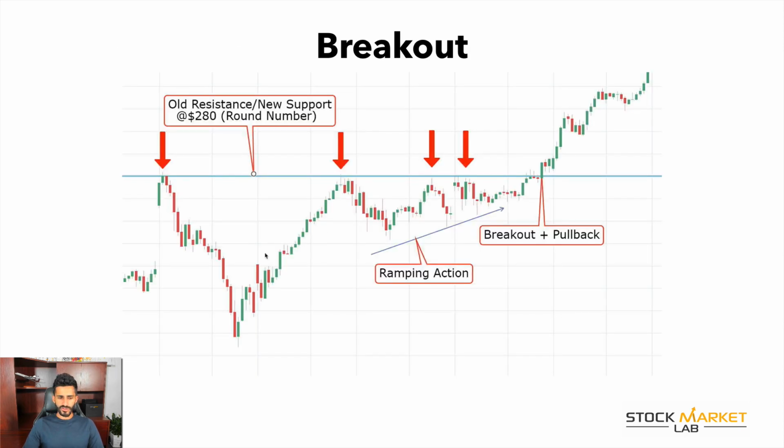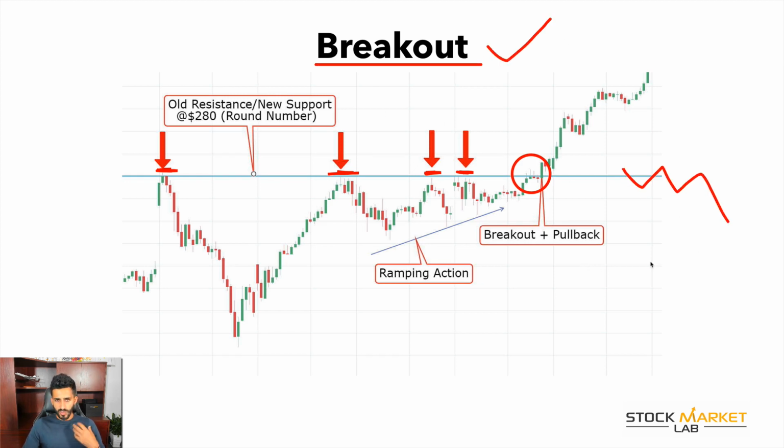If you look at the price chart, you can see the stock gets rejected, rejected, rejected, rejected, and then boom, it breaks out. Our job is to identify strong breakouts or strong breakdowns, because once we do, we give ourselves a high probability of making money or being right on the trade, right?